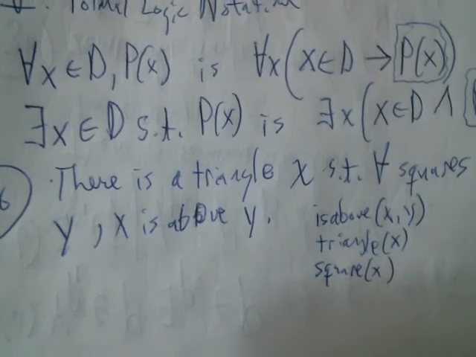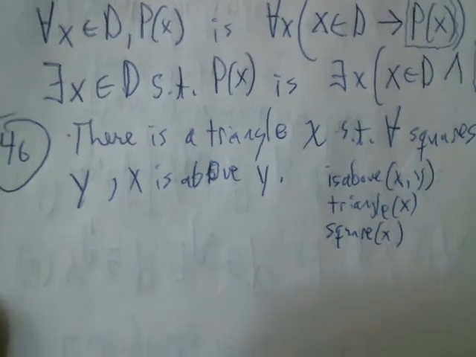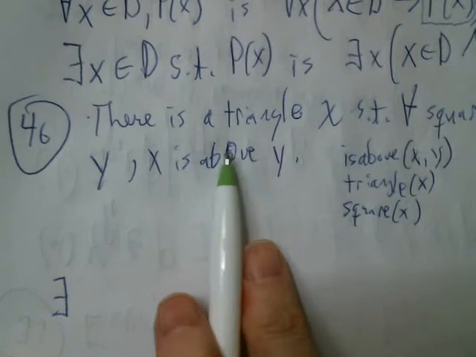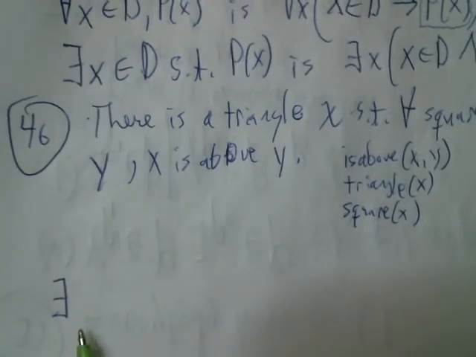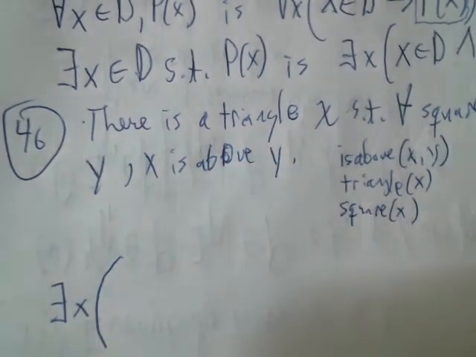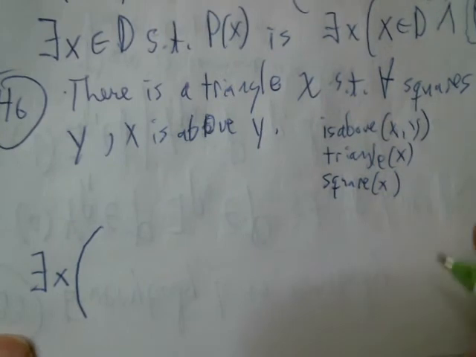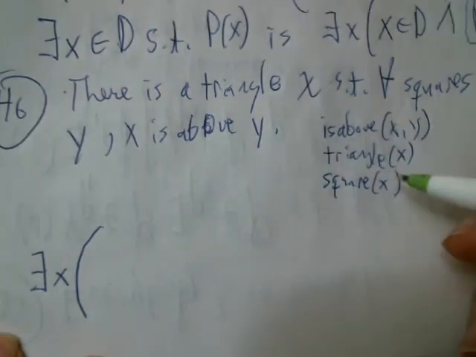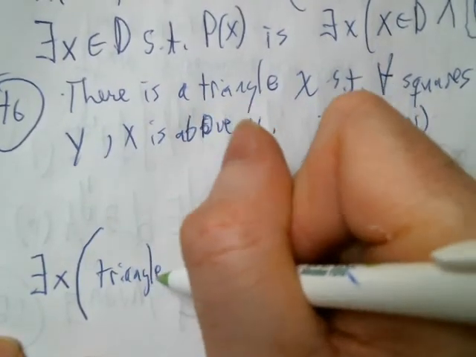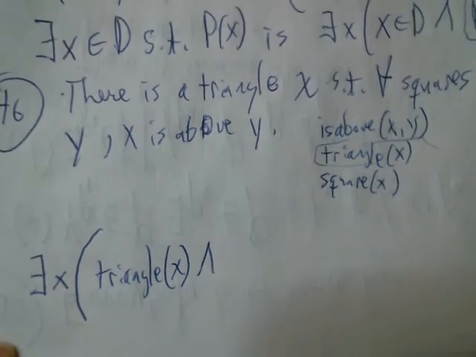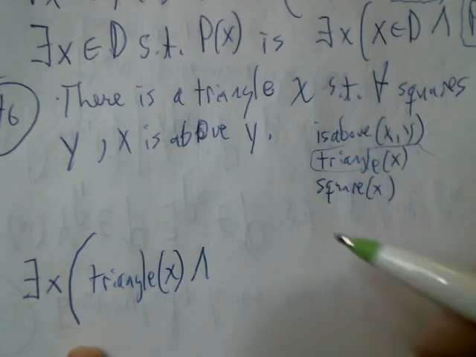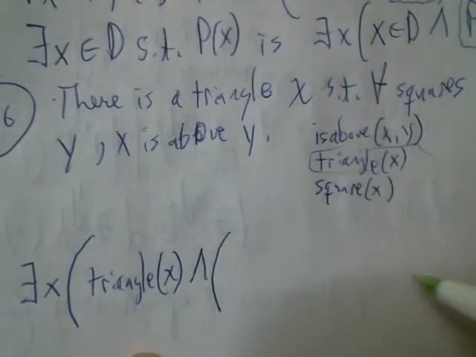Okay. Right. So let's go ahead and translate this into the formal. So there is a triangle, there exists. That will be the existential and. So we'll start with there is an x, basically such that, and then we put x as a triangle. So I use my triangle function here. Triangle of x. And then I'm going to put in my other universal, the universal part, right? So, and I'm going to put a parentheses there to contain it all.